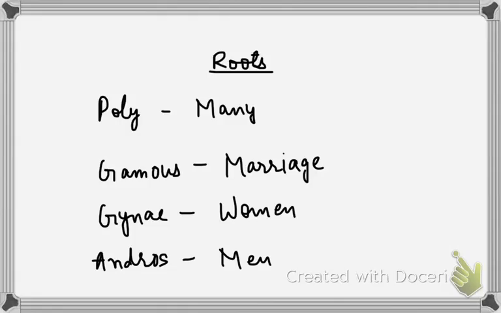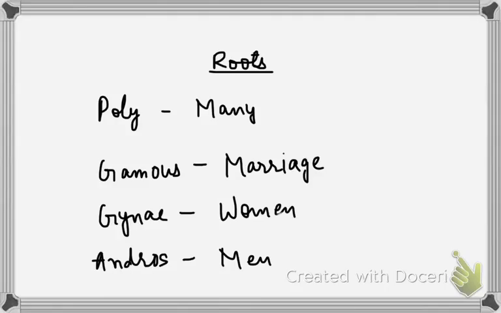These are the roots that are helpful in forming the previous 5 words. Poly means many, gamous means marriage, gyne always means related to women, and andros always means related to men. This will be helpful in determining the meanings of words.